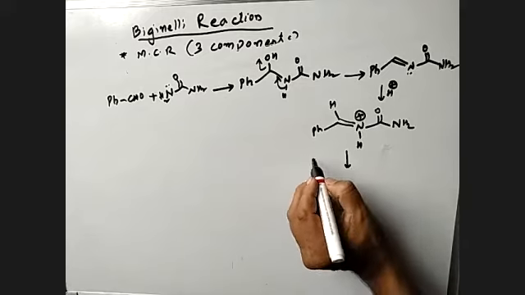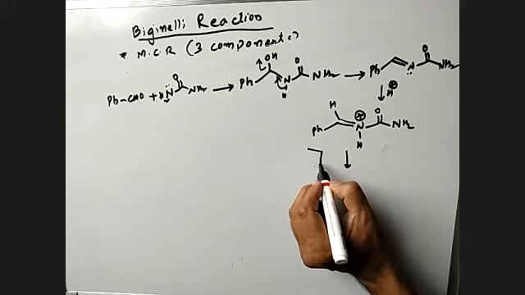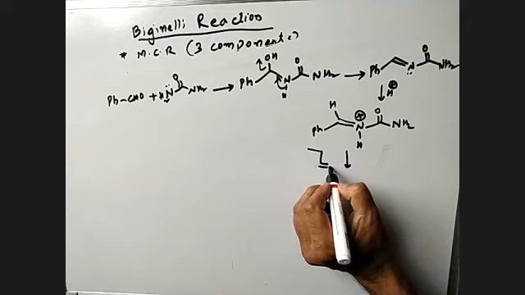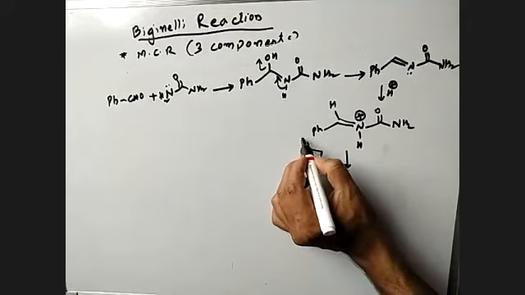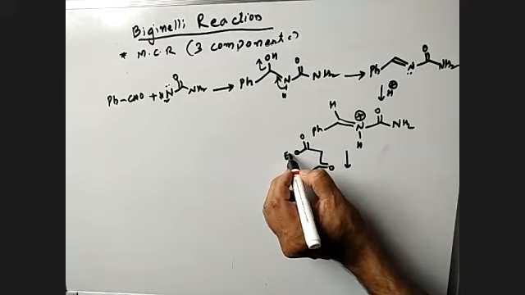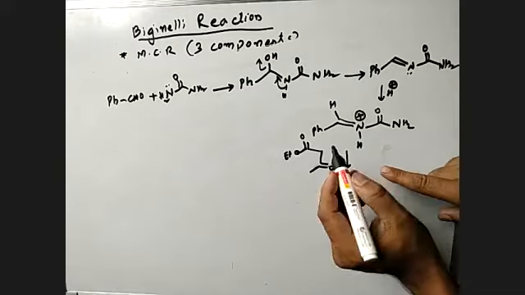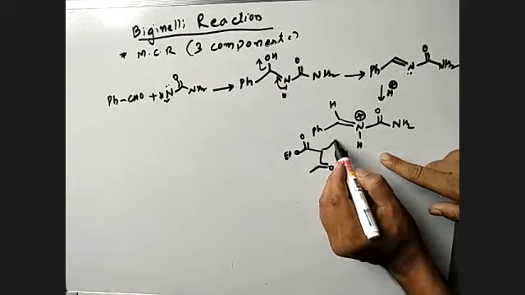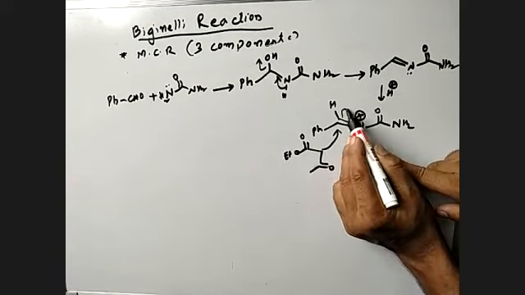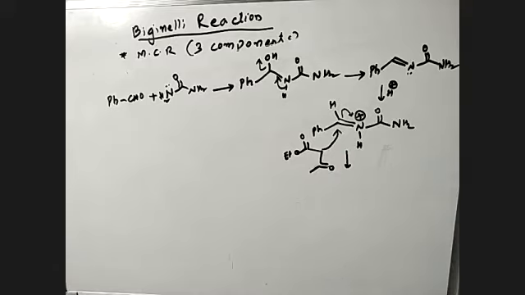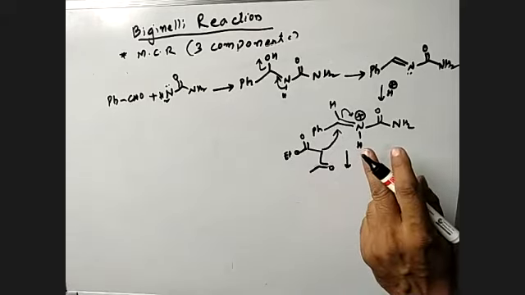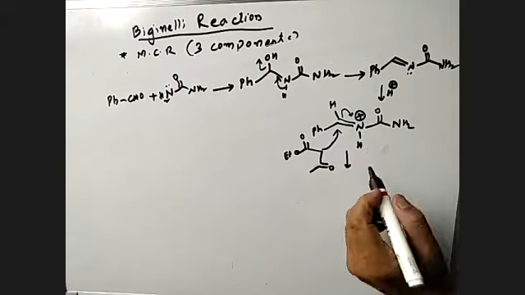So write the beta keto ester. See how I can write. You can orient the molecule, no problem. This is the beta keto ester. This will attack. As we know, there is an acidic condition, therefore this can go through keto-enol tautomerism. So the enol will attack here. Opens up. Yes, and what we can write? See, we can write this like this.